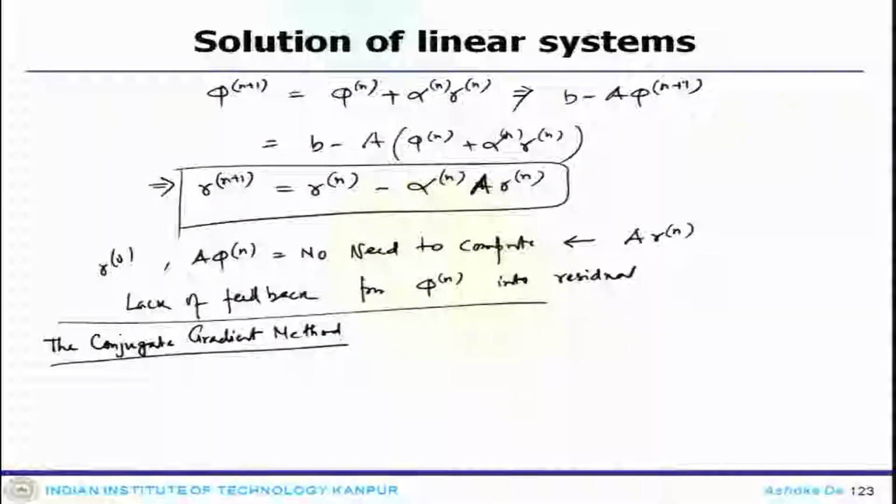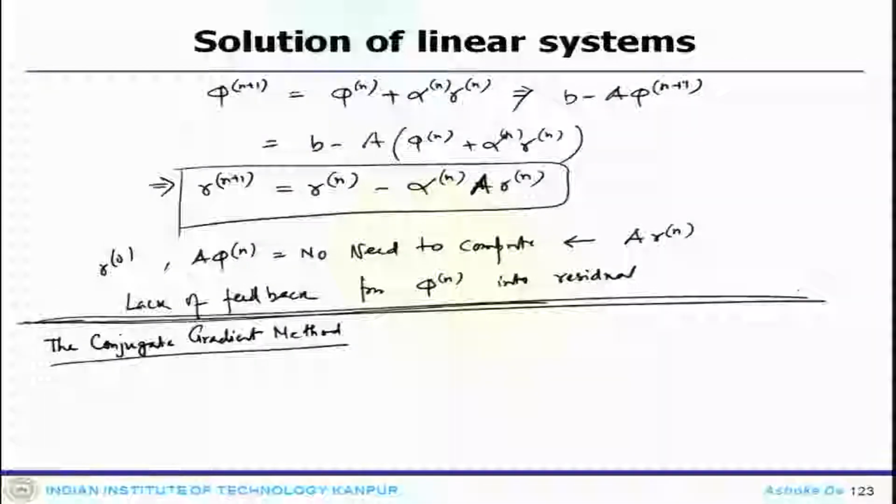The previous one that we have discussed is the steepest descent method, and the present one that we are going to talk about is the conjugate gradient method.